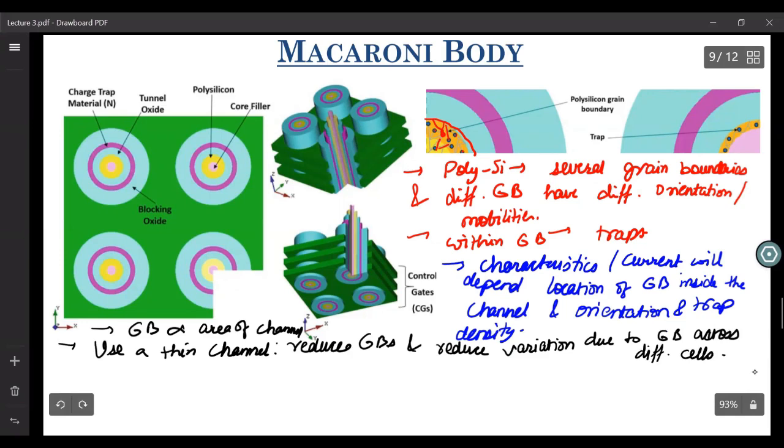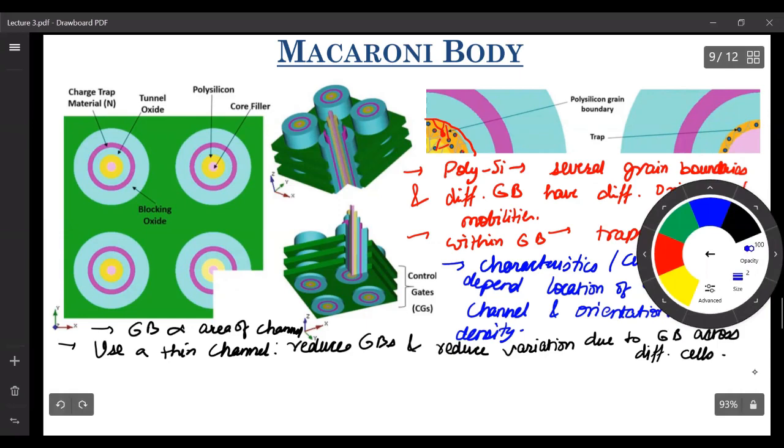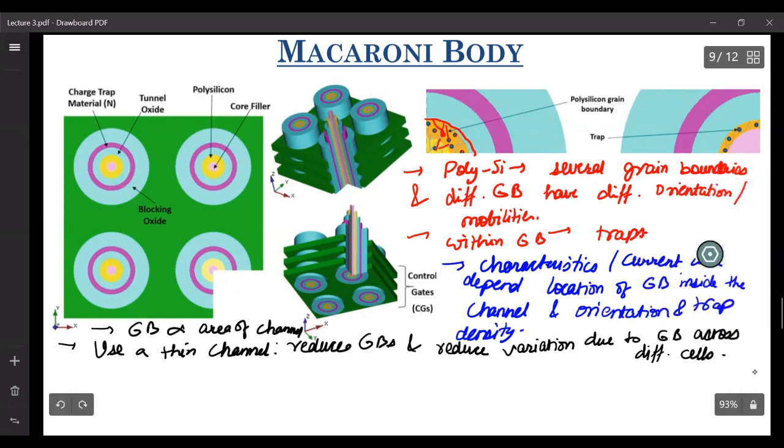This is the general idea, and to implement this, what people do is they go for this macaroni body.